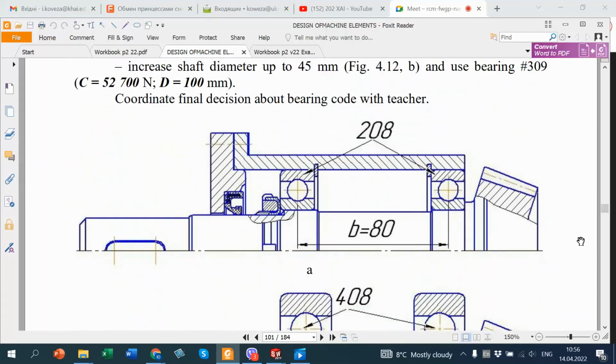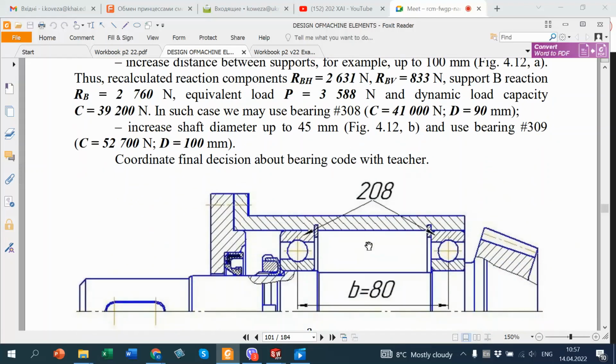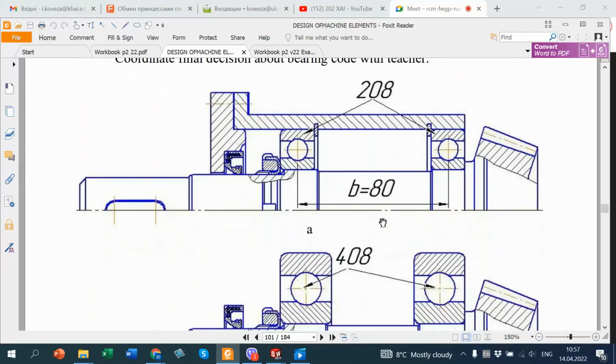So in a tutorial you can see how it looks like. First variant, 208 and B80, but this variant is not correct.